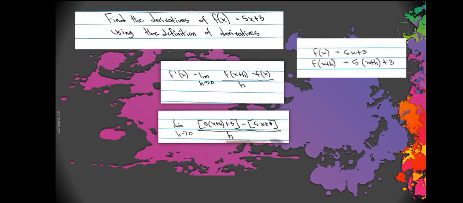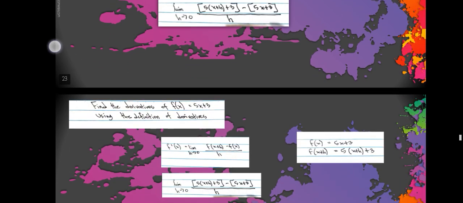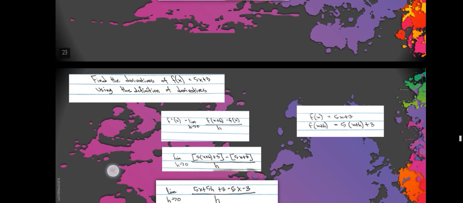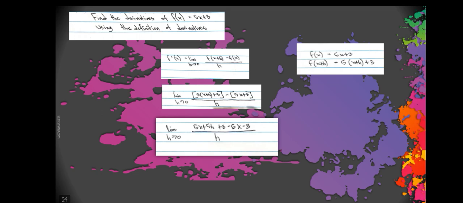And then, after you set up your formula, isi-simplify natin yung numerator by distributing 5 to x plus h, which gives us 5x plus 5h plus 3.